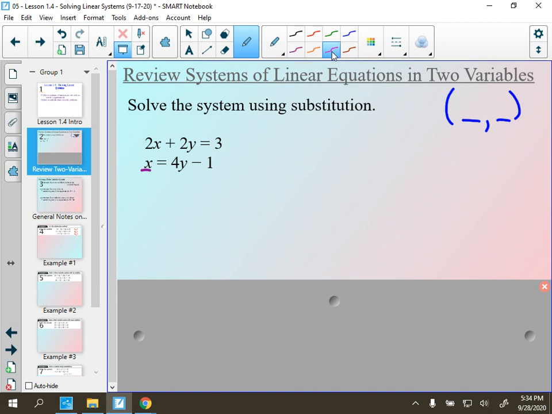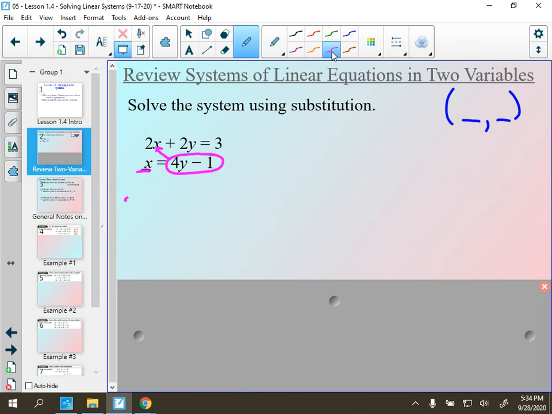So let's go through that actual process. To use substitution, we actually substitute. Whatever x is equal to, right now I know x is equal to 4y minus 1. I'm going to take that expression and replace x with it in the first equation because I know x and 4y minus 1 are the same thing. We were told that they were equal.